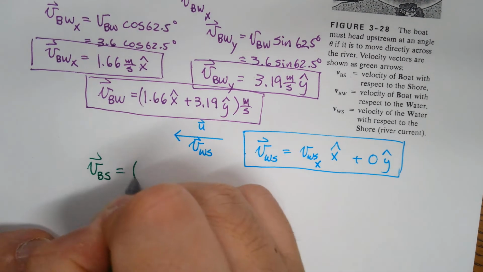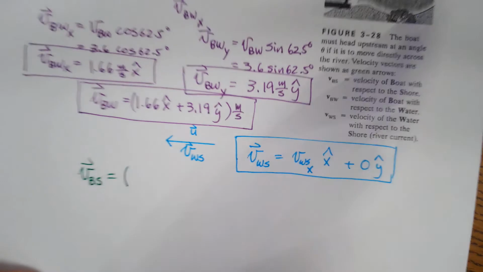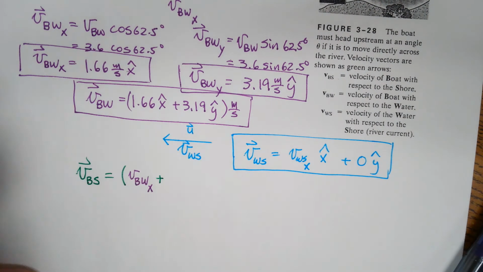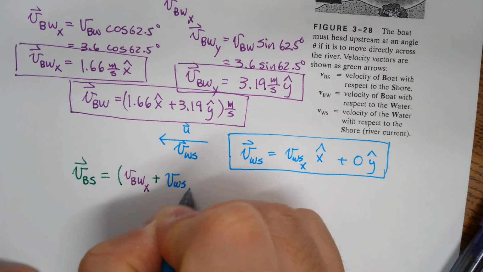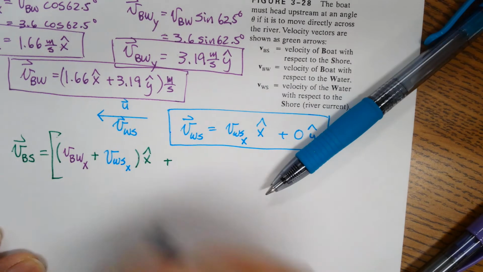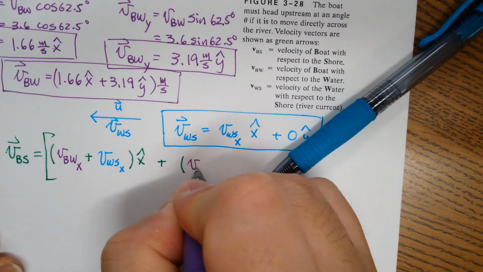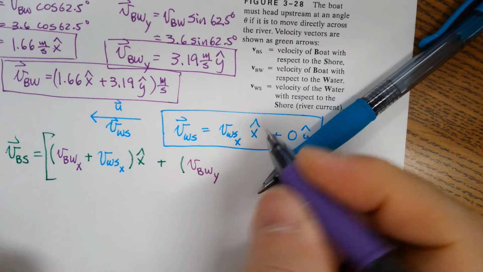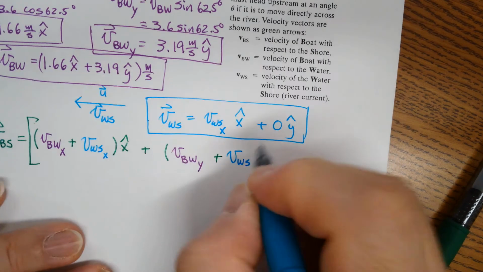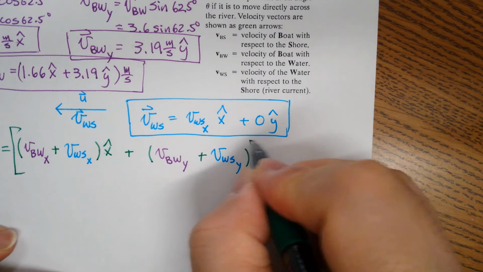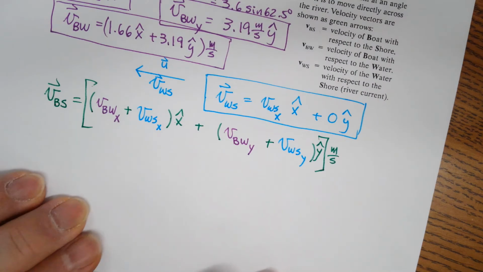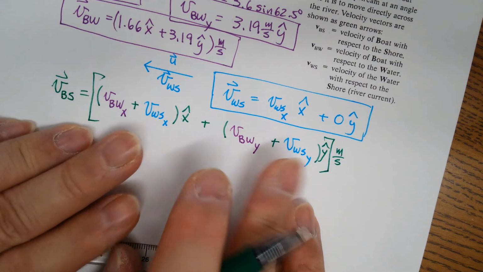It has to be VBWX plus VWSX x hat, plus VBWY plus VWSY y hat meters per second. Does that make sense?